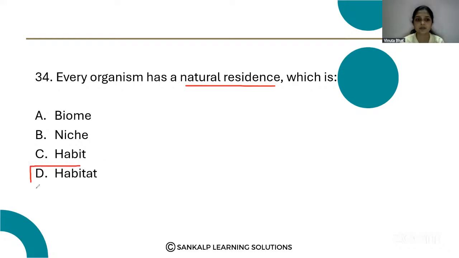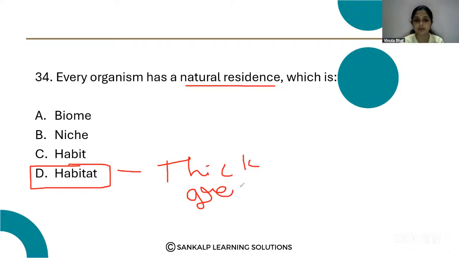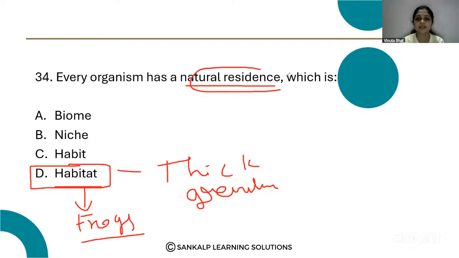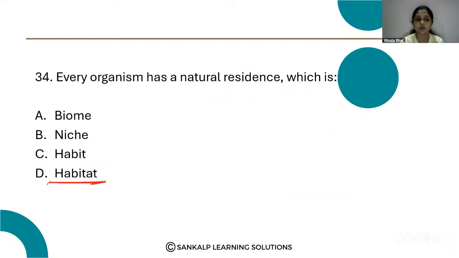So option D, for example, a thick forest or grassland. Grassland is the habitat of some frogs and insects. For birds, trees are the natural residence. So that is called the habitat, option D.